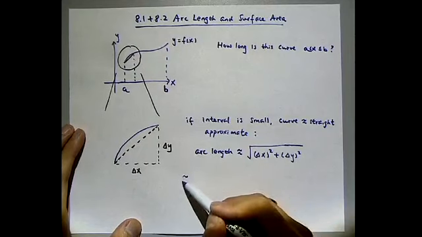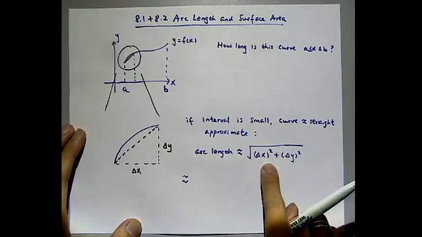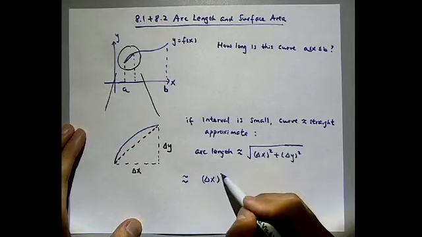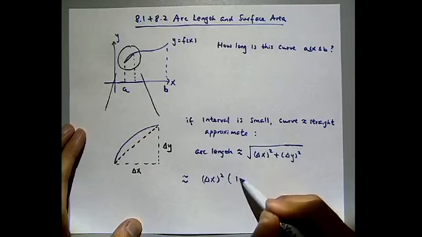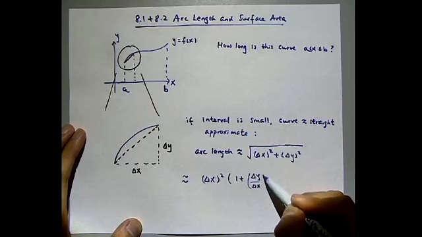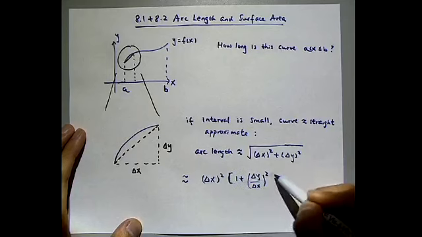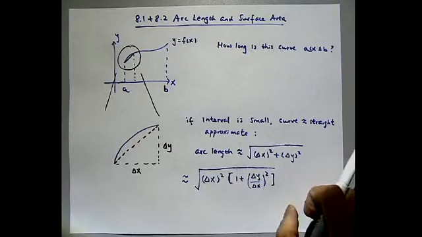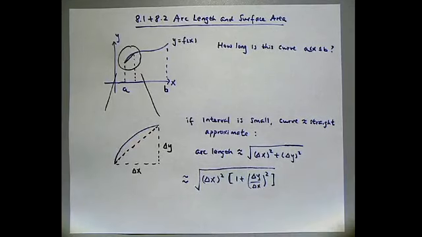And what else can we do to that? We could factor out a delta x squared from underneath the root. Okay, so I took out the delta x squared from each of these two terms under the root. The first one becomes a 1. The second one becomes delta y squared over delta x squared.